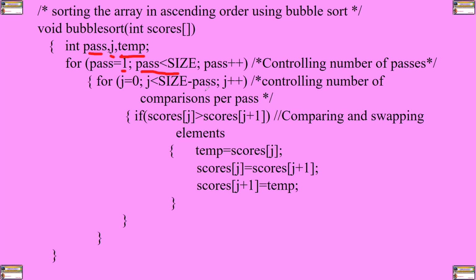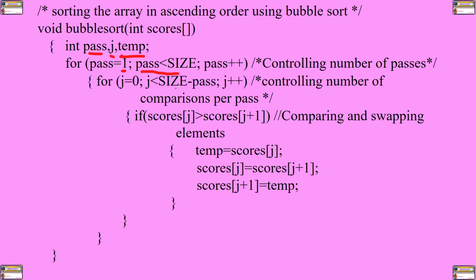Because at the end of the day, the last pass is supposed to be the size of the array subtracted by 1. So if the number of elements is 10, comparison should be done up to the 9th pass. Why? Because by the 9th pass, the elements have been put in order.